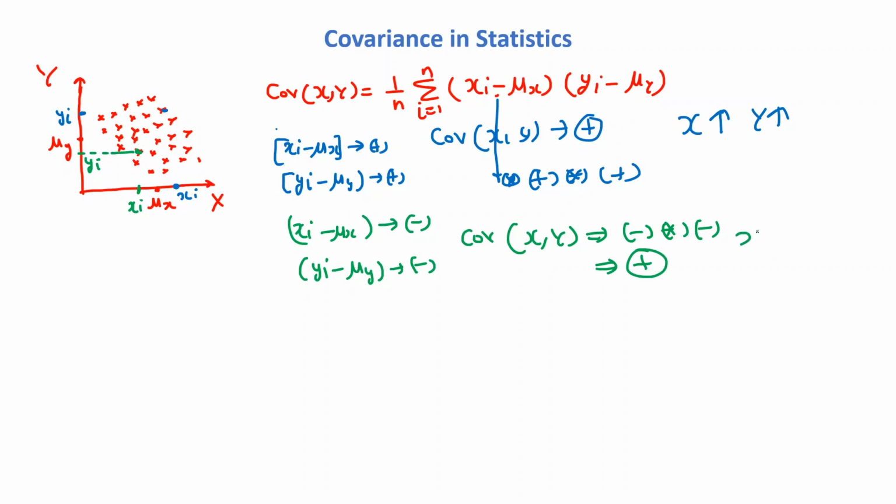It means when x decreases, y also decreases, and this has a positive relationship. And above, when x increased, y increased, this also has a positive relationship.